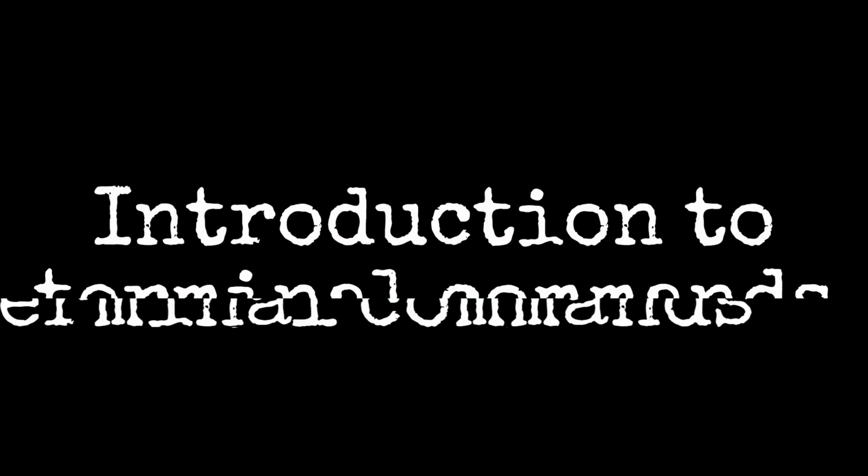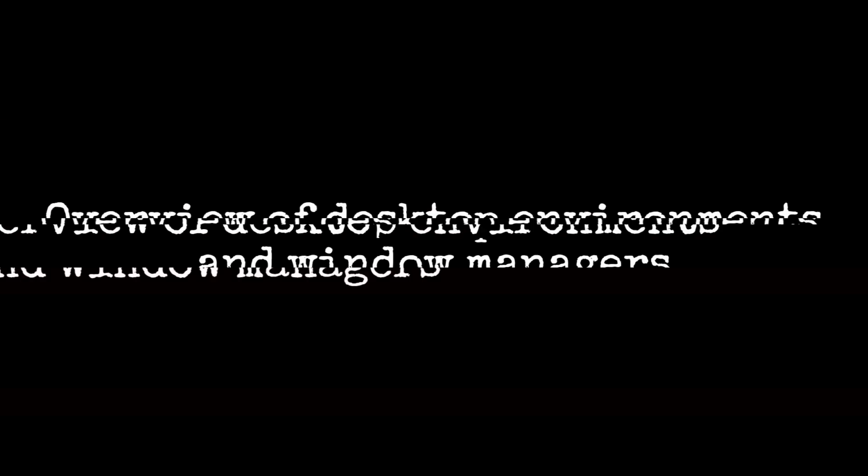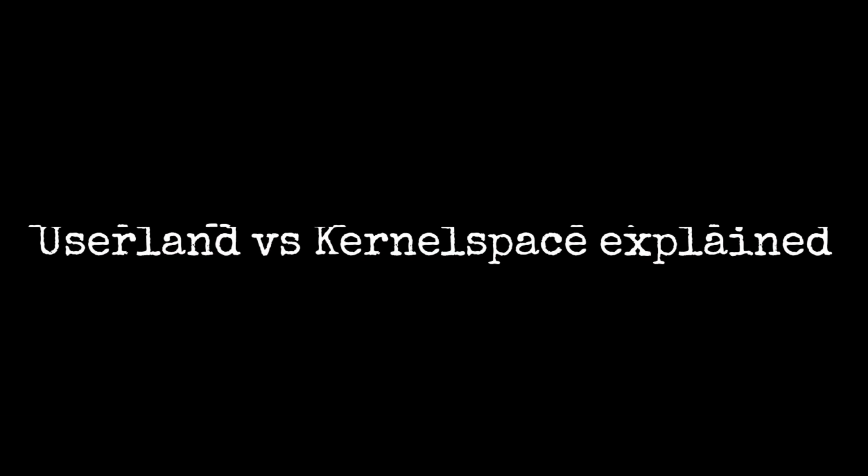We will be covering the following areas: an introduction to terminal commands and using the shell, an explanation of how privileges and permissions work for both user accounts and for files, an overview of Linux distributions and package managers and their differences in terms of both syntax and overall user experience, an introduction to desktop environments and window managers with examples of some popular ones, an explanation of and the differences between userland and kernel space, and finally some examples of different terminal shortcuts and shell delimiter characters.